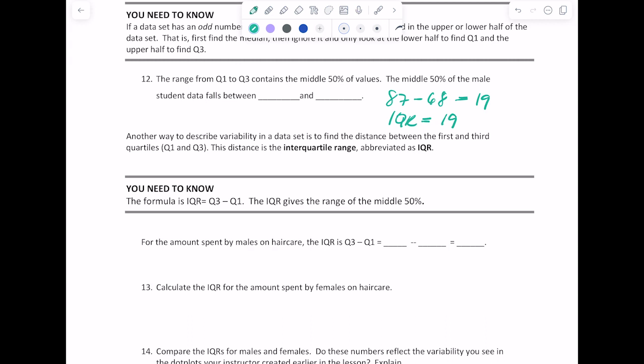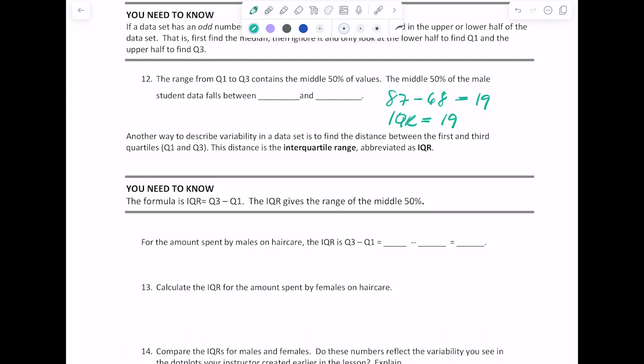In other words, the test scores aren't changing much. Now we only have a couple test scores in between, so it doesn't tell us too much, but if we had a whole class set of test scores, the interquartile range would represent whether there's a lot of change or not a lot of change between those two values.